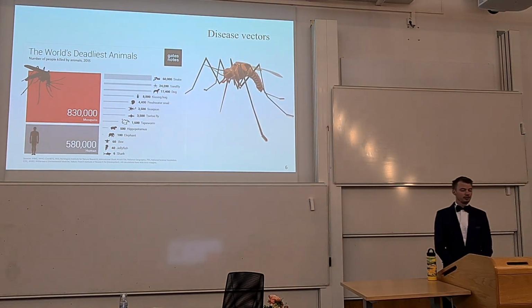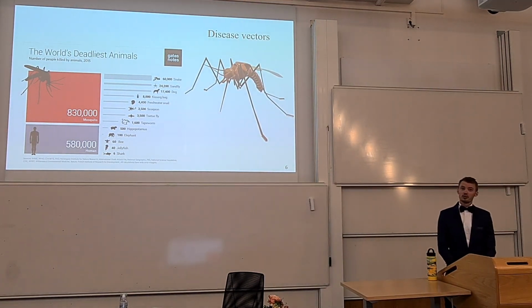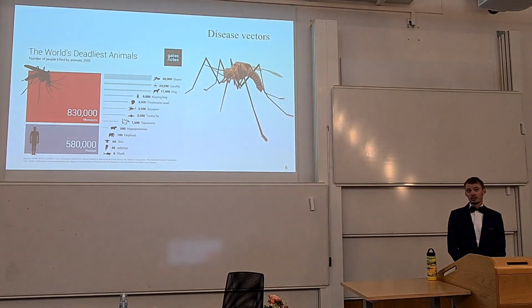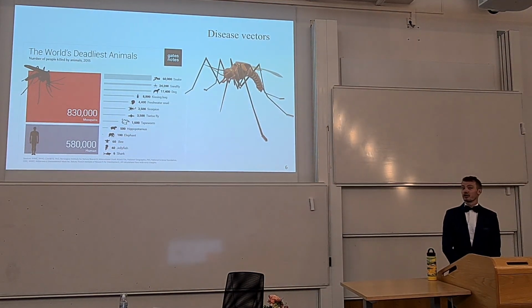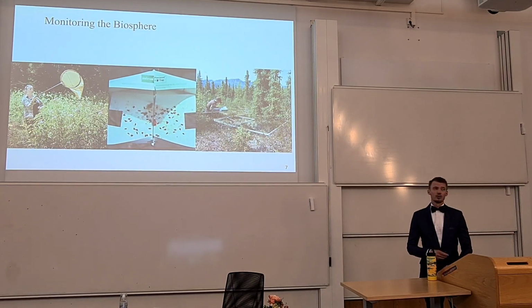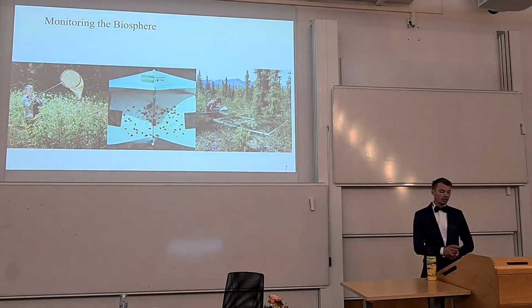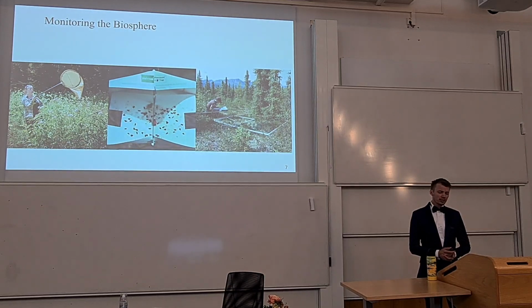So monitoring insects and vegetation helps us to understand processes, which in turn can help us combat diseases, hunger, and climate change. So how can we monitor the biosphere? Conventional methods typically require a lot of trained manpower.